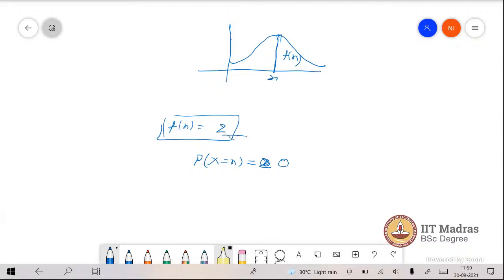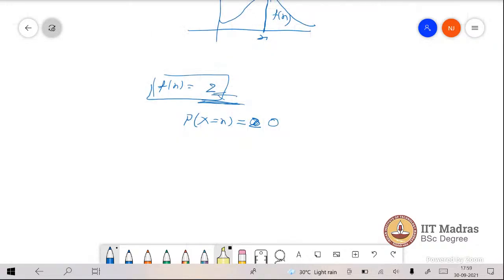So what does it give you? It means you can't find the probability for a single point. It can only be found through a range.